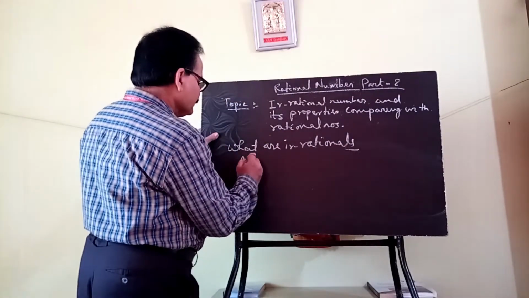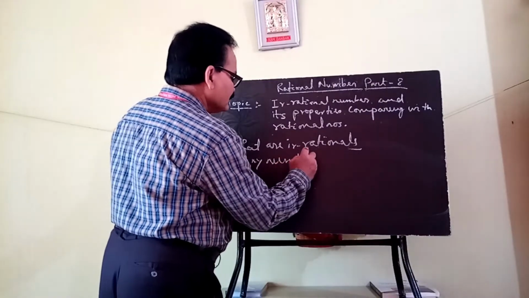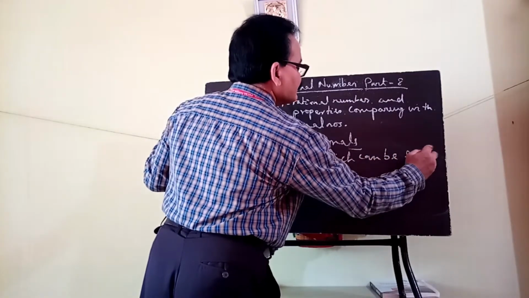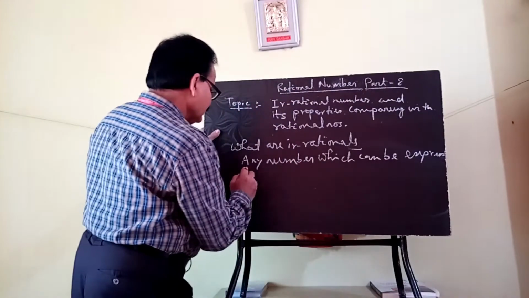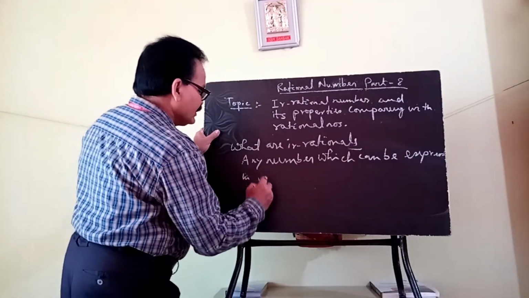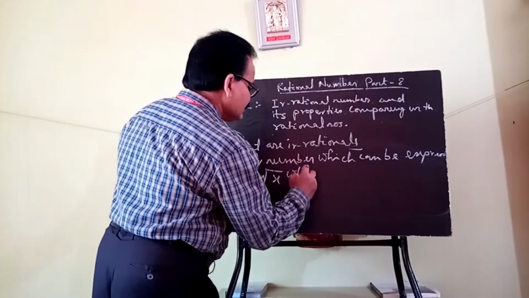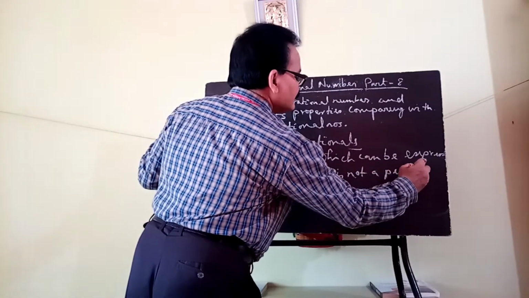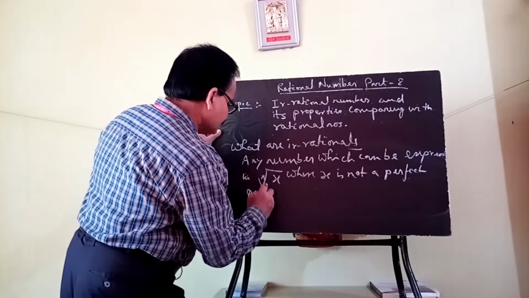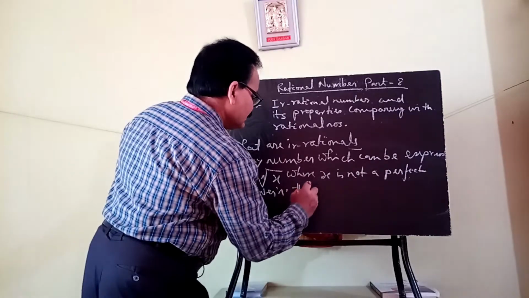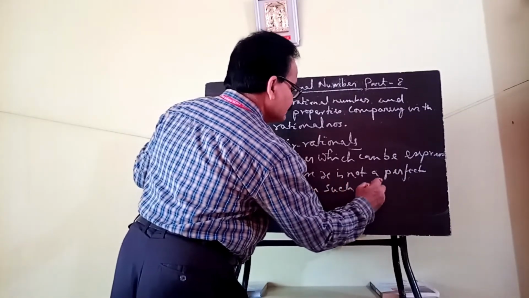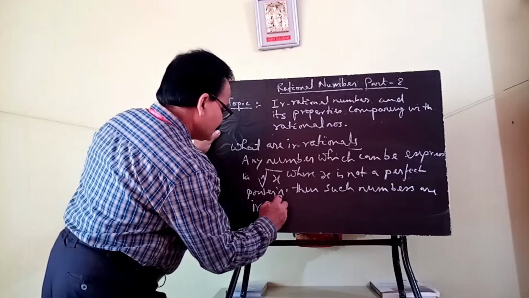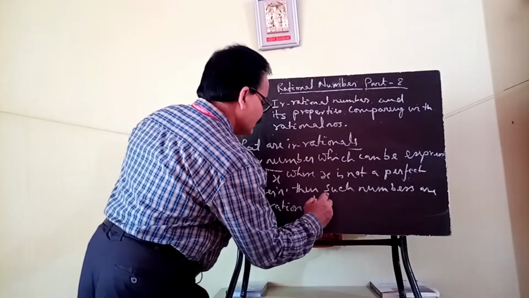Any number which can be expressed in the form nth root of x, where x is not a perfect nth power, such numbers are irrational numbers.